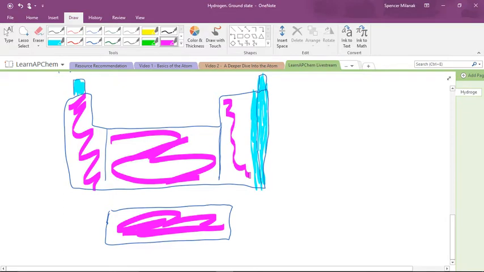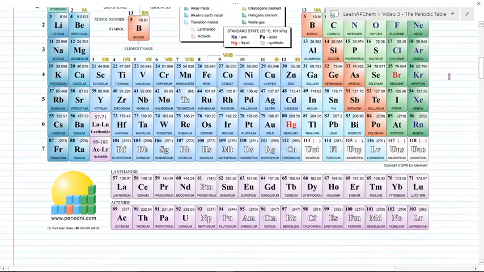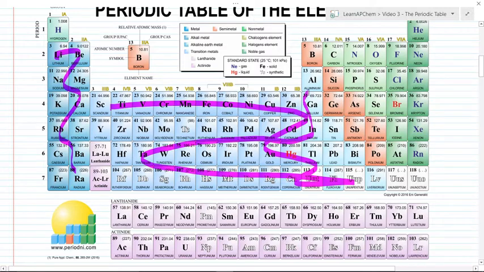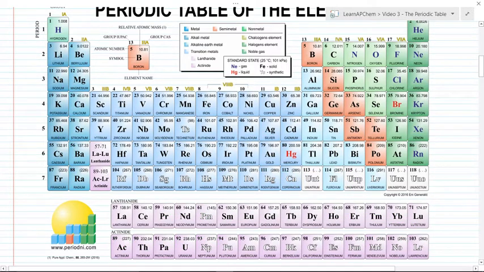And so, if I go to the actual periodic table, we can see this. All of these exist as solids. So the answer here is solid.